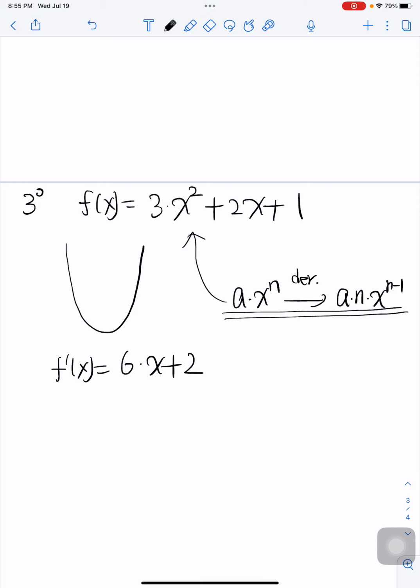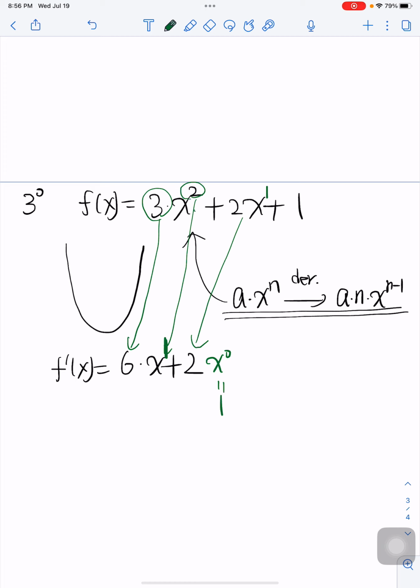I have 3 times 2, which is equal to 6, and the power 2 minus 1 gives 1. And here this is 2 times 1, which gets 2, and then 1 minus 1 equals 0, so x to the power 0 is equal to 1. And for a constant, its derivative is equal to 0.